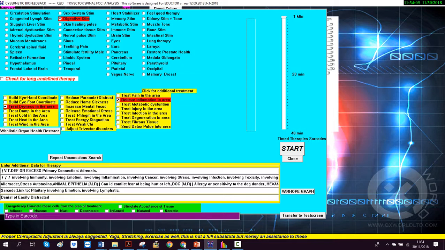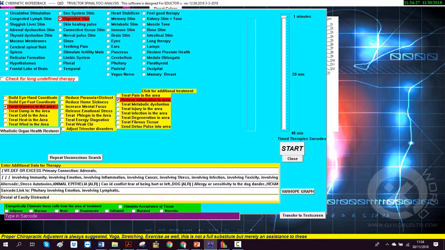We have a timer here, and we can stimulate even long term, like a whole night or a whole day on something. This is really interesting.